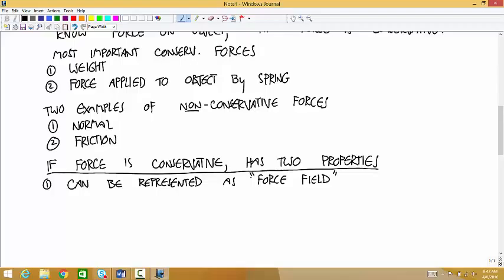It's a pretty small force field, not a very big force, but anything with mass produces a gravitational force. It's a conservative force, so you produce a force field. It might not convince them not to take your wallet, but maybe.